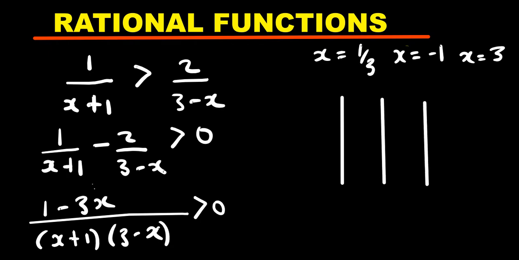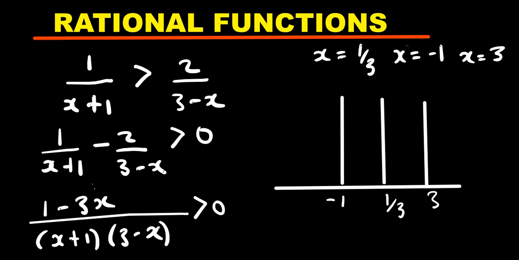Then I'll arrange them from the smallest to the largest. So our smallest value of x is -1, then we've got 1/3, then we've got 3.